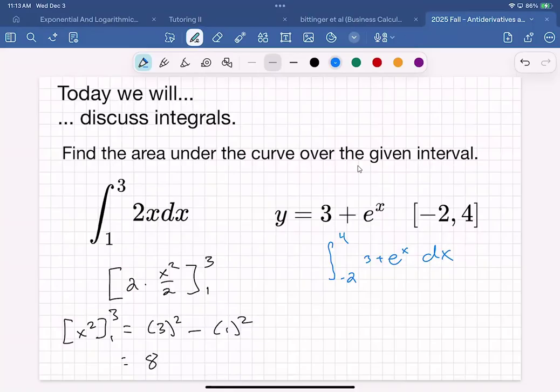But if I go through with this one, are we good with where I'm getting this antiderivative from? Concerns there?